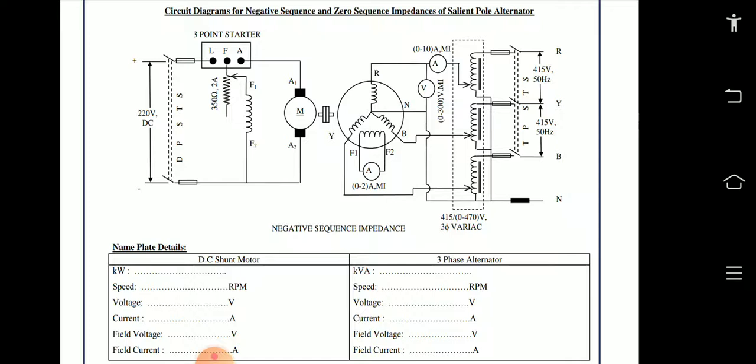In a machine, the positive sequence current produces an armature reaction which is stationary with respect to the field poles. The component current therefore encounters exactly the same impedance as that of a balanced load.